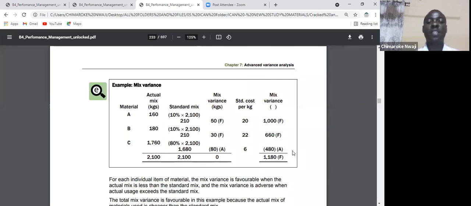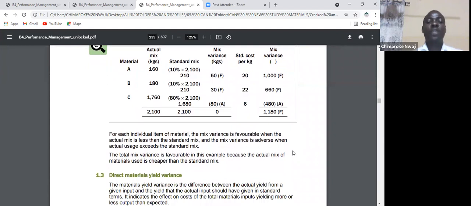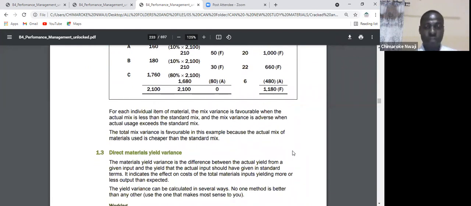Find the mix variance in kilogram, multiply by the standard cost to get your mix variance in Naira. Now it says here that for each individual item of material, the mix variance is favorable when the actual mix is less than the standard mix.